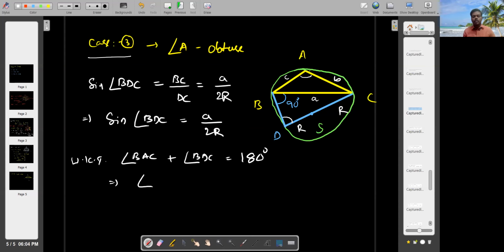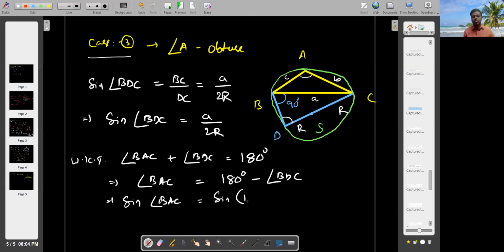That implies angle BAC equals 180 minus angle BDC. Taking sine on both sides, sine of angle BAC equals sine of 180 degrees minus angle BDC. Sine of 180 minus theta is sine theta, so sine angle BAC equals sine angle BDC.